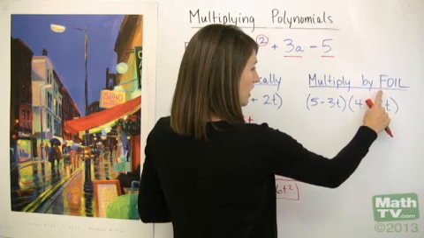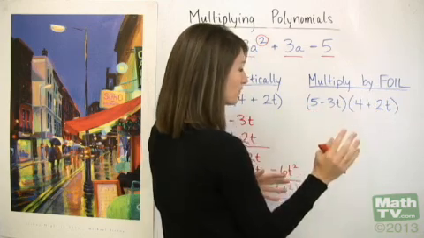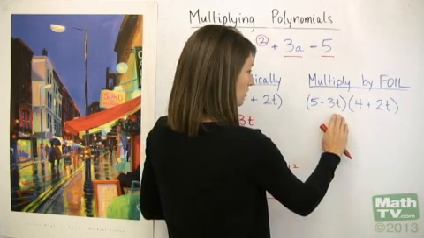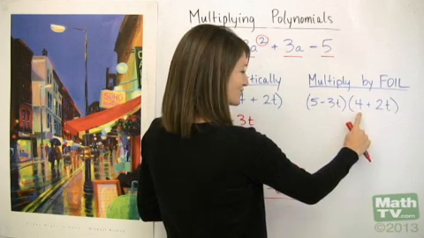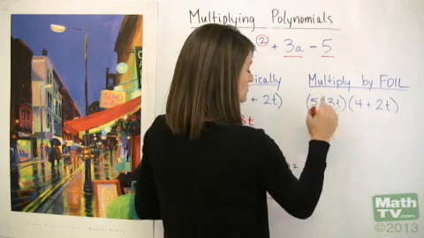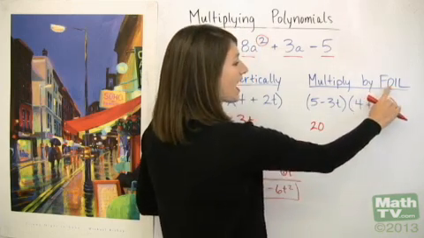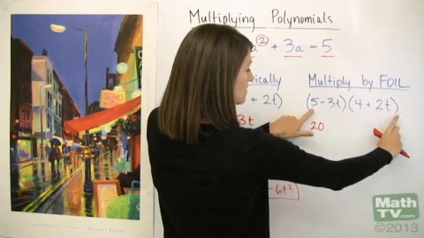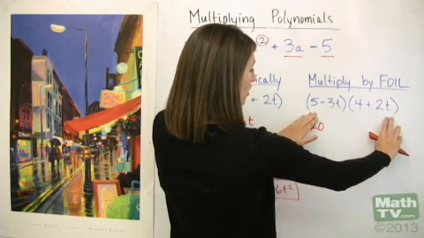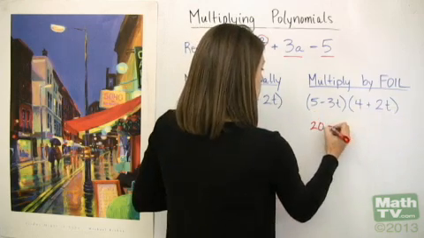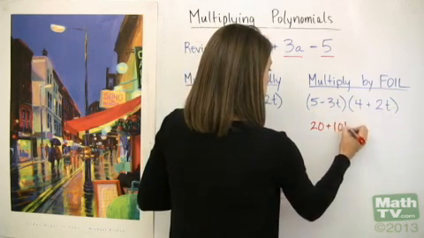Let's multiply our first terms first. So we have 5 as our first term in our first polynomial, and 4 is our first term in our second polynomial. So 5 times 4 is 20. Then we have outside, which are the terms on the outside of our product here. So we have 5 times 2t, which gives us 10t.